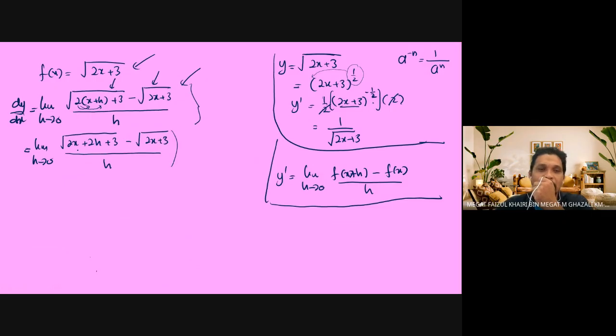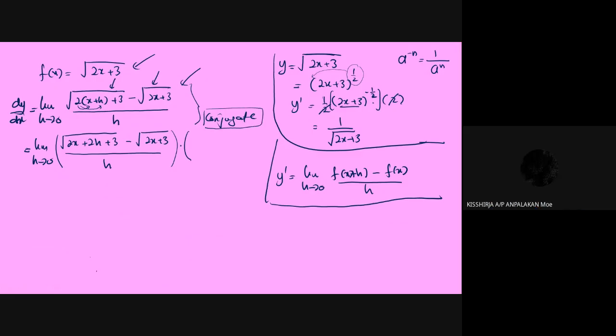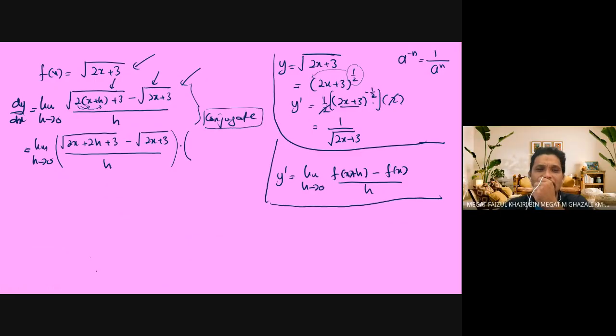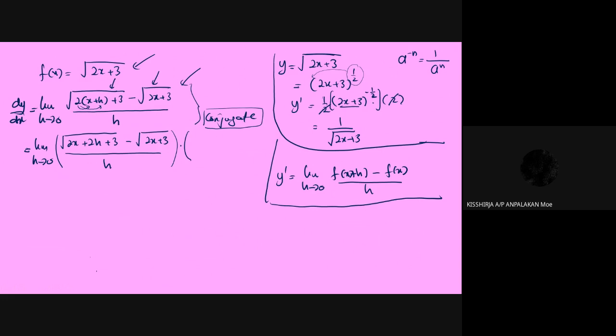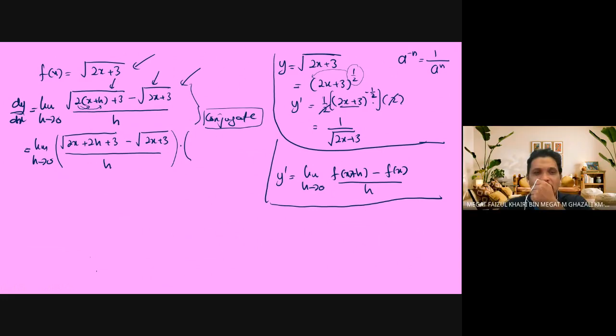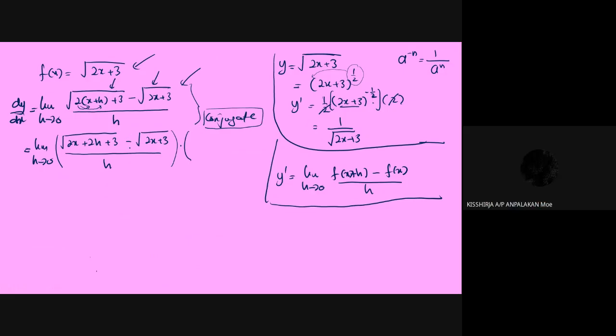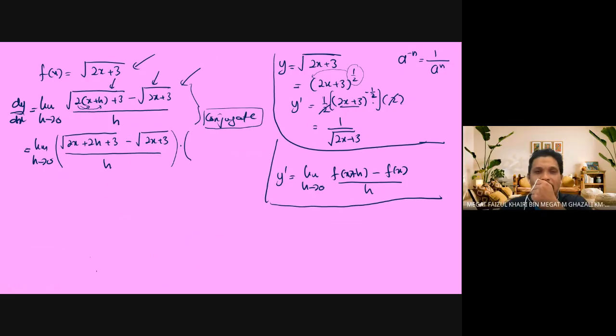For this kind of situation, we are going to multiply with what we call the conjugate. Have you heard this terminology before? Yes, teacher. Conjugate. What is a conjugate? You times the exact same thing again, but change the sign. Negative becomes positive. Okay, thank you very much.